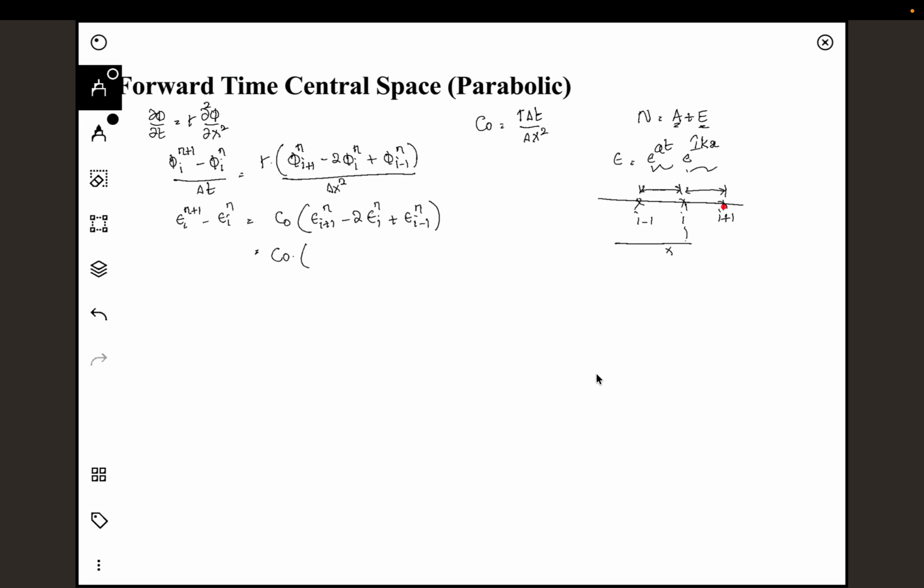This will be x minus delta x, and this will be x plus delta x. On the RHS, all of them are at the same time step. So this will be e power at times e power ik(x plus delta x) minus 2 e power ikx plus e power ik(x minus delta x).